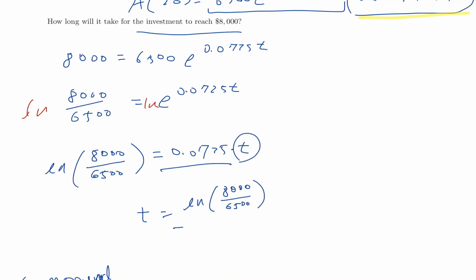T equals ln of 8,000 over 6,500, all over 0.0725. Let me search in Google to see what number this is. How long it would take me to earn 8,000, which means how long it would take me to earn 1,500.